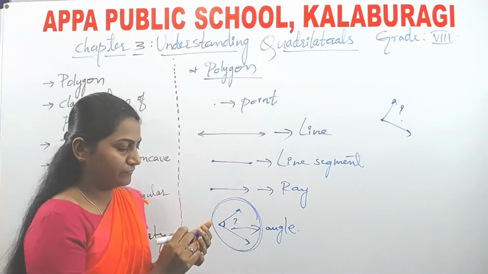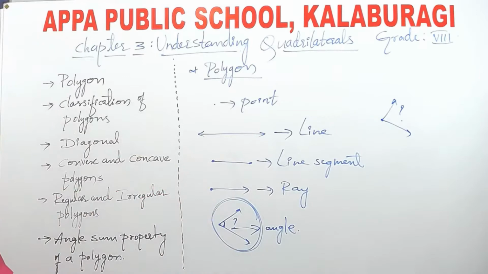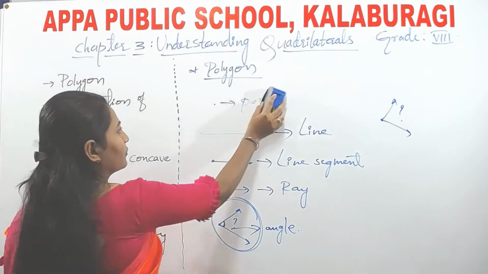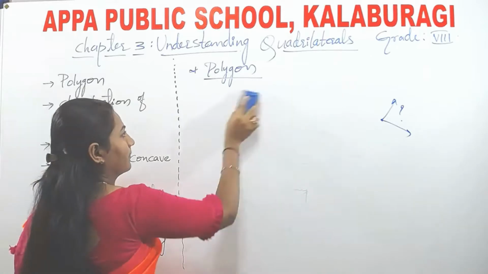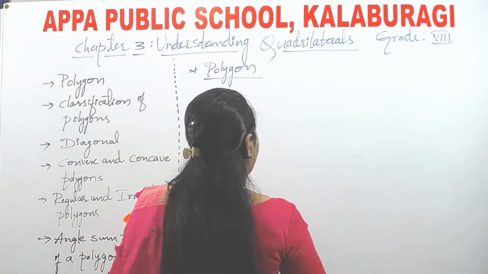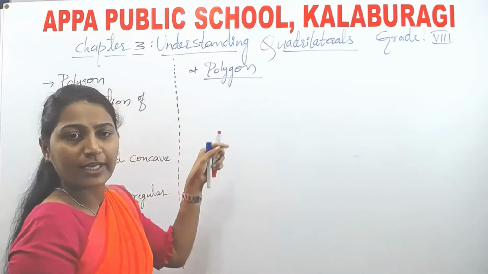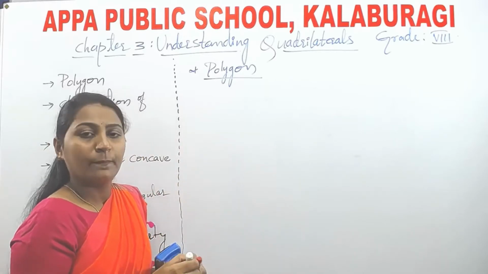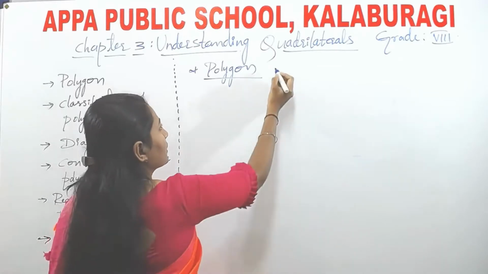Okay, so now to the actual definition of polygon. Let's see the actual definition of polygon. Polygon is a simple closed curve.